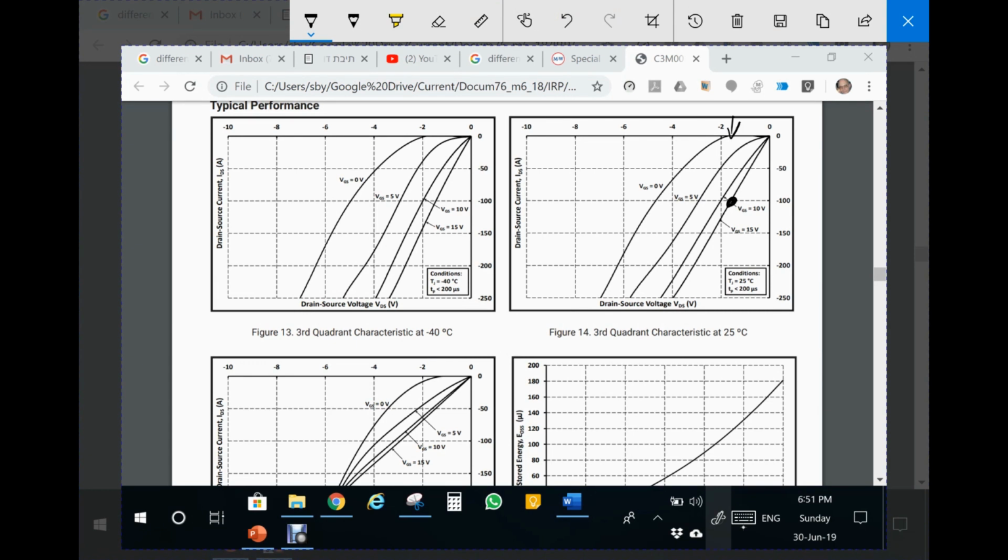This is about 1.8 volt, and this is 100 amp, and the resistance, of course, is V over I, so it's 1.8 over 100, so it is about 18 milliohm, which is what we expect from the transistor, from the RDS on in the forward direction. So this is now the issue of the reverse conduction.